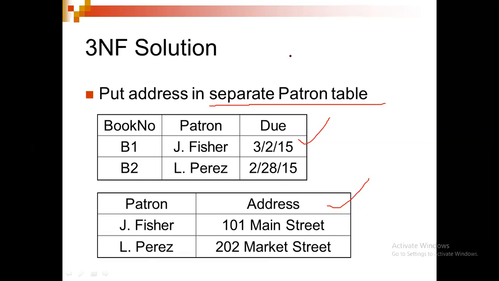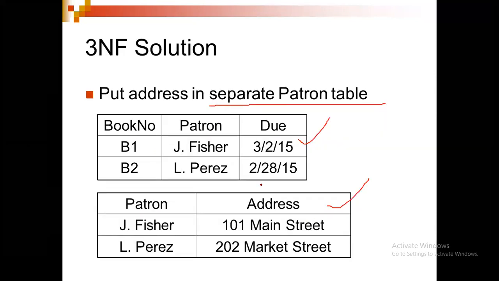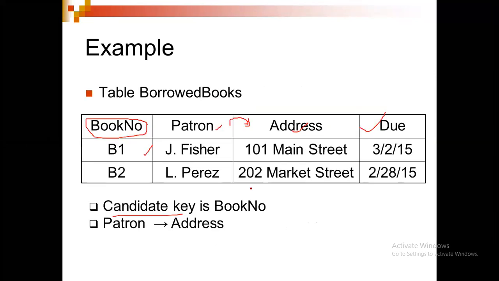But at the front end, the people who ask to know the book and the address of the person who has taken it, I'll display it. This is just for display purposes, but while storing, it is split. In the program, the user will think that he got everything from one table.